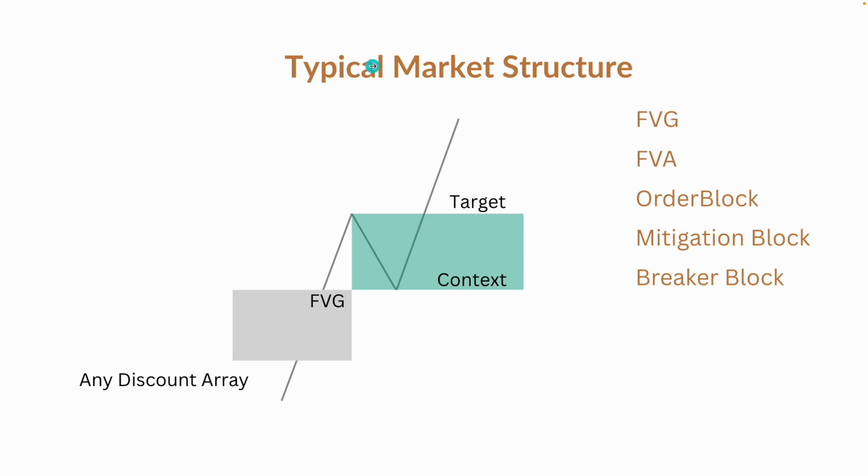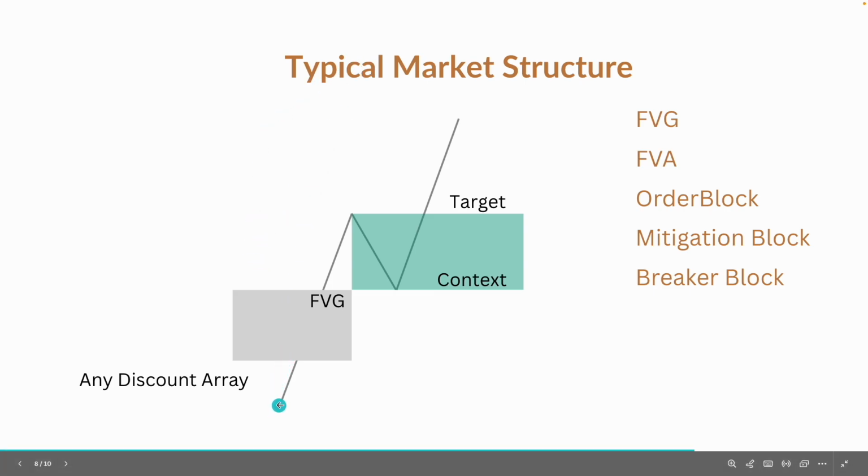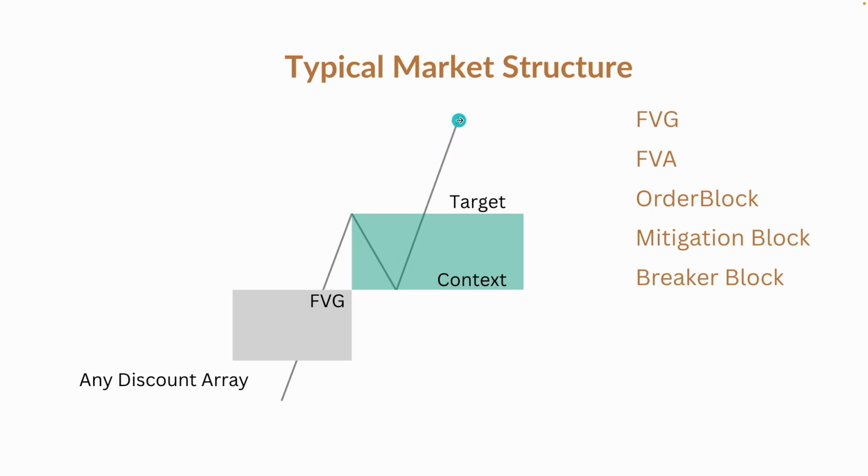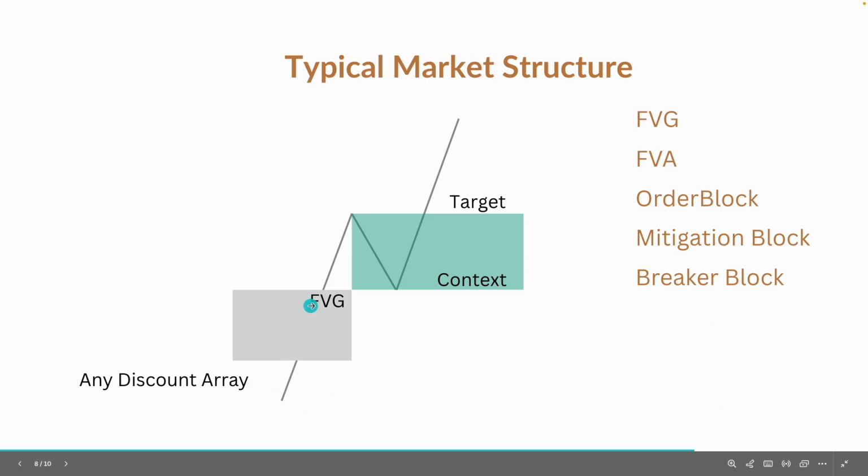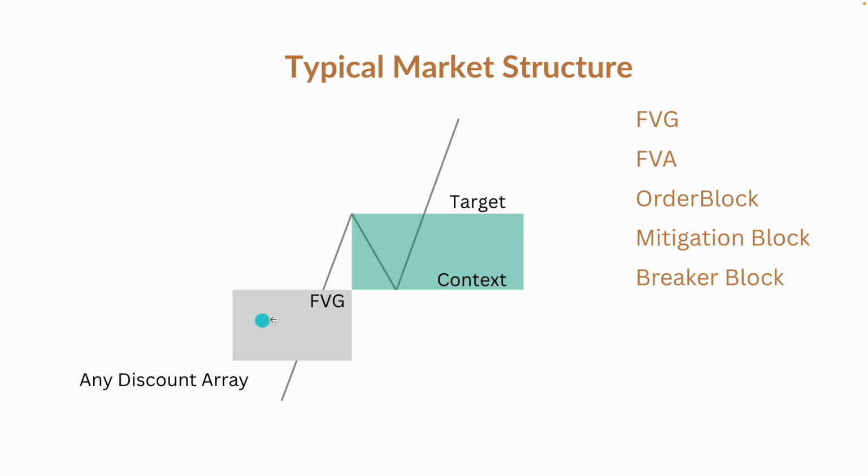So in a typical market structure, price is always moving from one PD array to another PD array, either moving up or moving down. So when price is moving up, let's say there is a fair value gap created on a daily time frame, and higher time frames are showing a bullish bias.